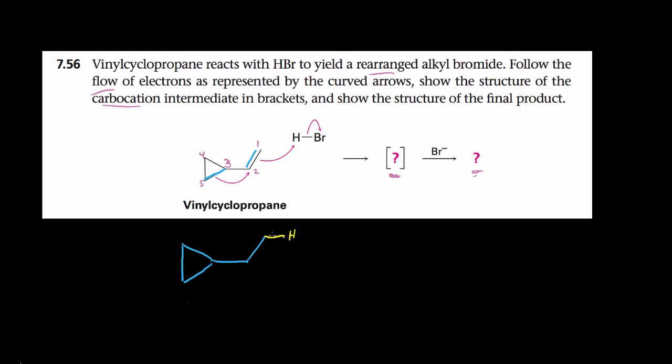This is H. And now this bond, I'm going to just erase it, and I'll make a new bond here and a carbocation there. So let's just number these carbons again. We had 1, 2, 3, 4, and 5. So now notice this bond between 5 and 3 is now a new bond between 5 and 2. And then we protonated on carbon 1.